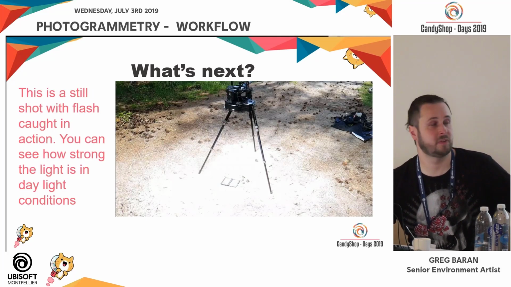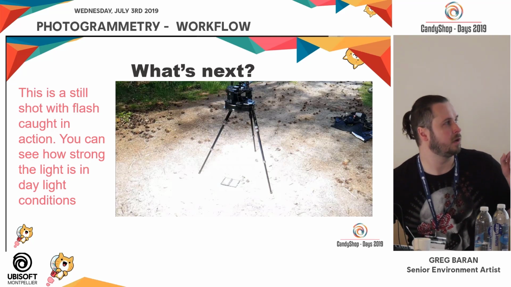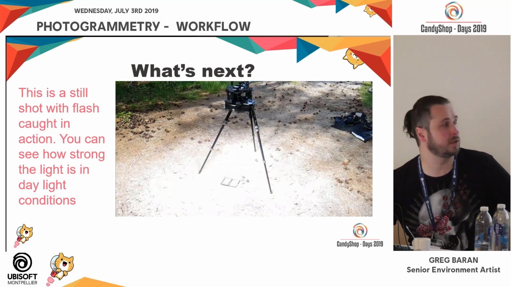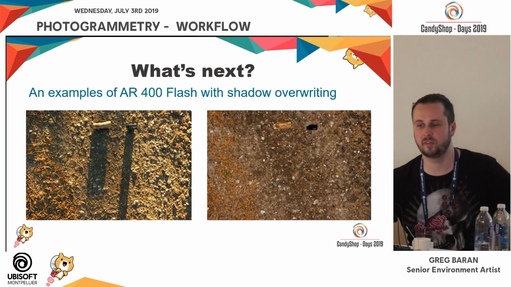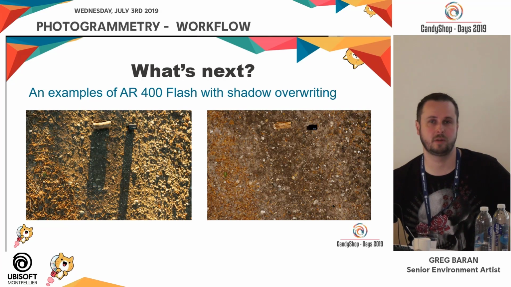And here he has taken the picture with the flash in action, so you can see how it overrides the lighting. So this is the range of the flashlight. And this is an example, the shot without a flash, and another one with the flash active. So you can see there are no shadows, even if there were shadows before.